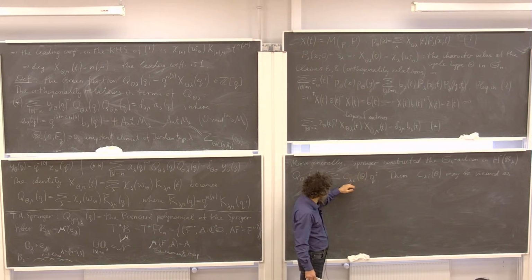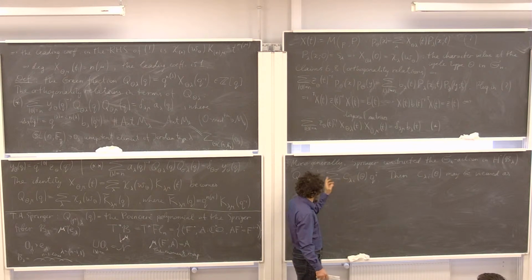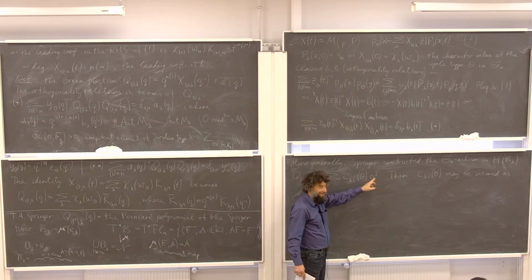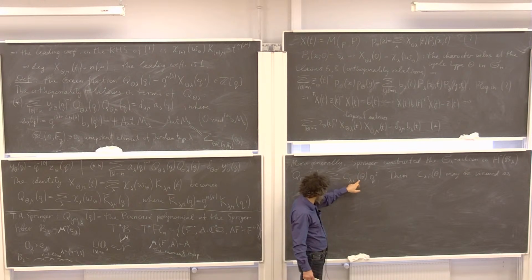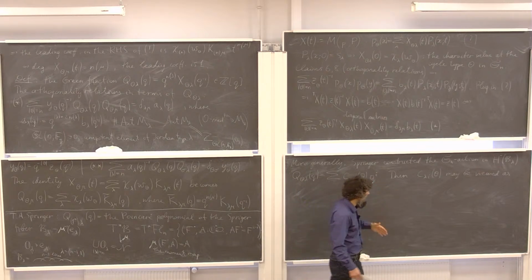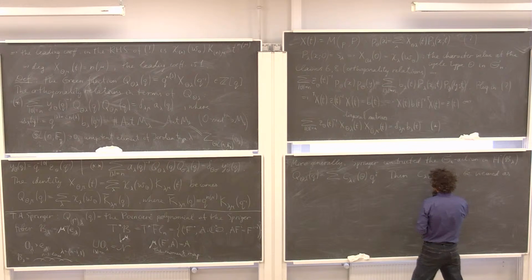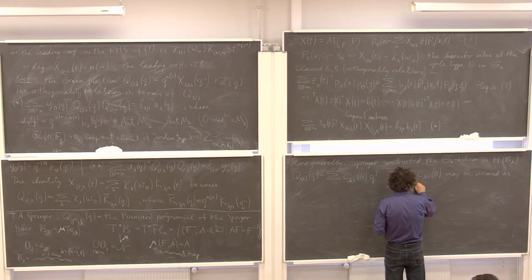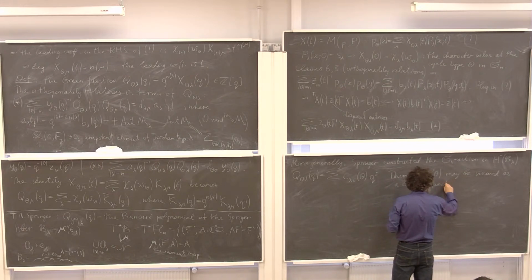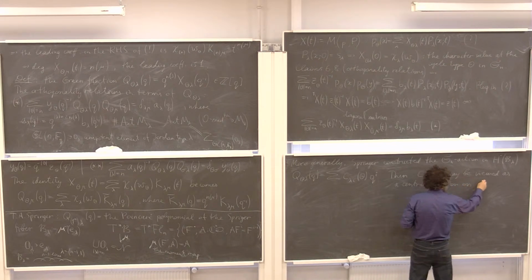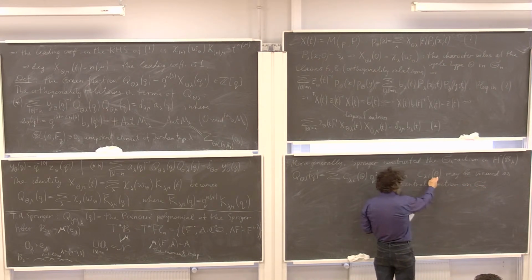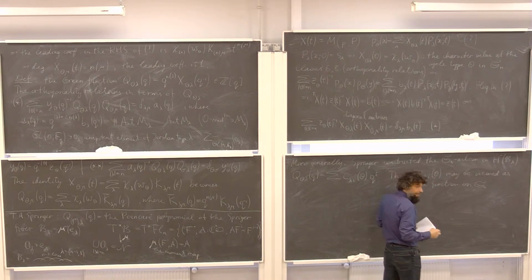But this is a weird way to index them. They depend on two partitions and an integer. Here are three guys, two partitions and an integer, and this is a weird way to group them. Why do I group them this way? Here, I explain. Because this may be viewed as a central function on S_n depending on this cycle type theta.